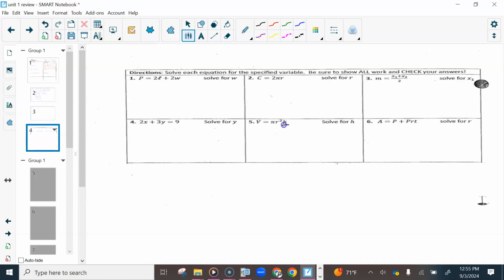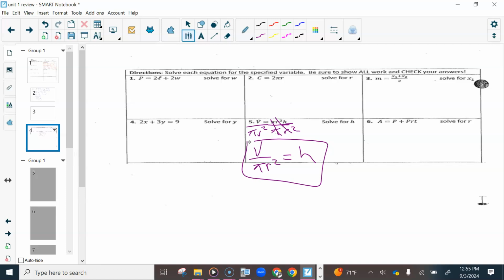We are solving this one for h. We got to get rid of pi r squared. What would we do there? Divide that entire thing by pi r squared so that the pi and the r squared cancel. So we have b over pi r squared equals h.